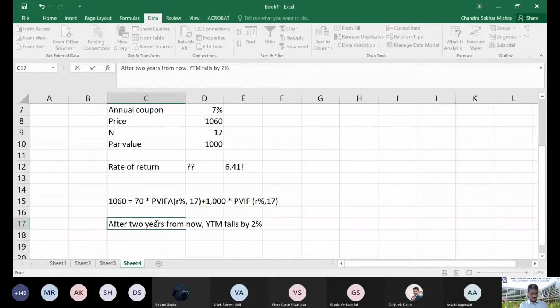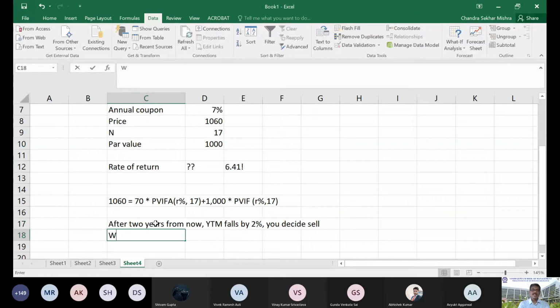And you decide to sell. What is the sales price? What is the price at the end of which year? P2. Price P2.